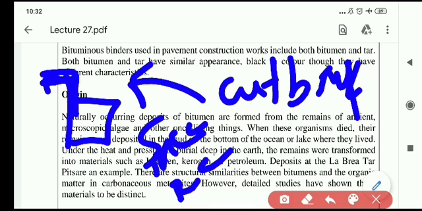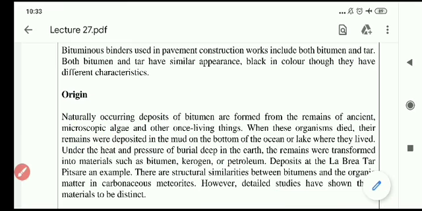Emulsions are prepared by adding some emulsifiers. This emulsion bitumen is used for the repair works across the highways.